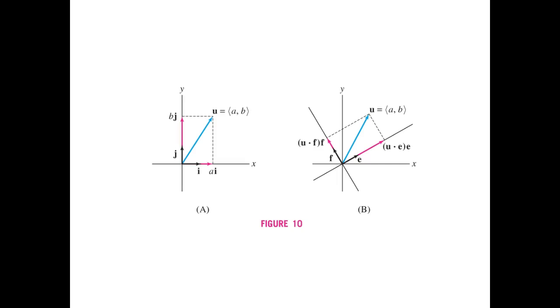Then this is u dot e in the e direction, and this is u dot f in the f direction. Okay, and that allows you either to rotate your coordinate plane, your axes, or to solve problems like you're doing with the inclined plane, or there's tons of applications of that. We're not going to get into that now, but you may run into it in physics.